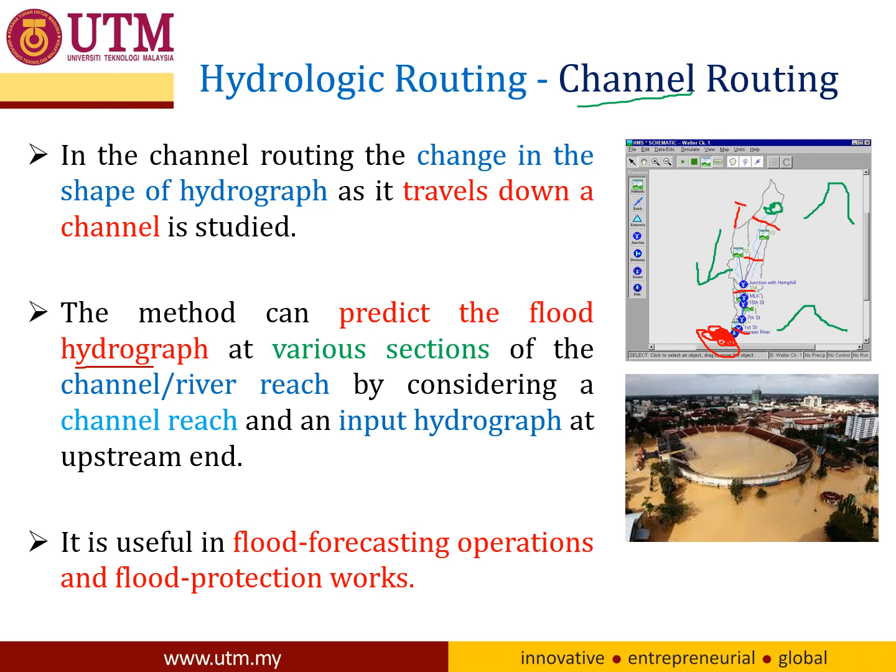I put inflow hydrograph as I. So we know this I, this hydrograph at the upstream, so we can estimate the hydrograph at this city. Then we can know what happened with the Q, whether there is a higher Q peak, and whether it will overflow the channel. So this is the reason for us doing channel routing.